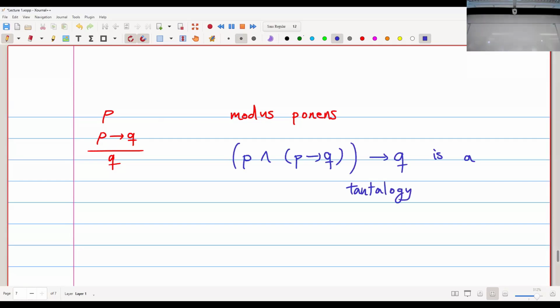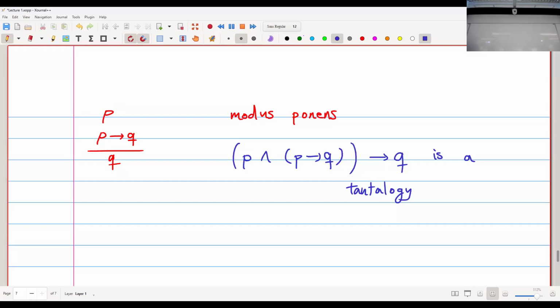Right? So what is the reason that if I prove P and I prove P then Q, then I have already proven Q? It's because no matter what these two statements are, this whole thing is a tautology. So whenever both P and P then Q hold, then Q also holds.